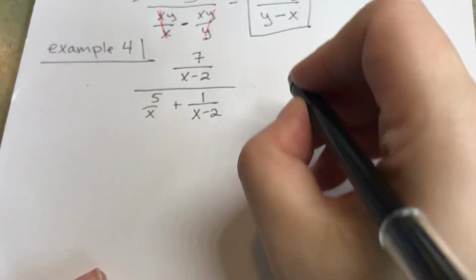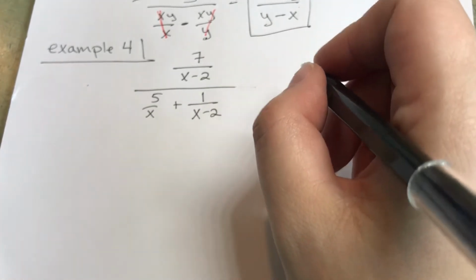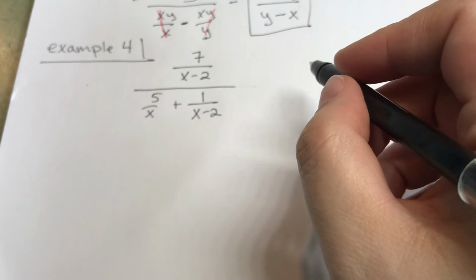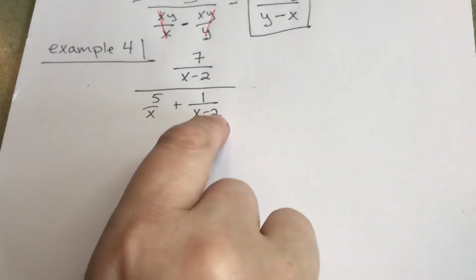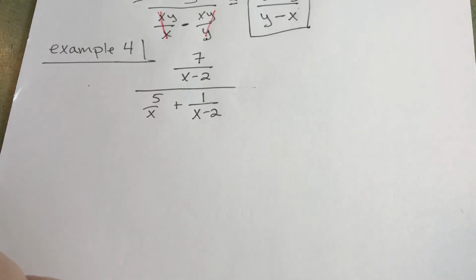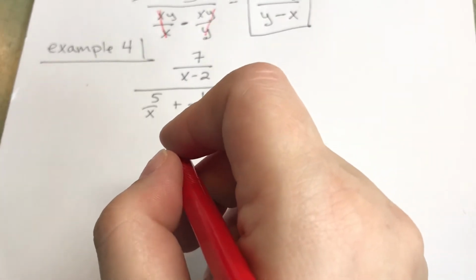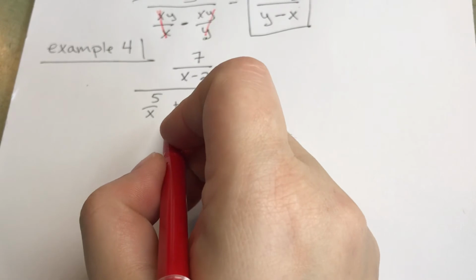Using both methods again, in my first method, I can just get rid of the fractions in the bottom. Combine the fractions in the bottom.